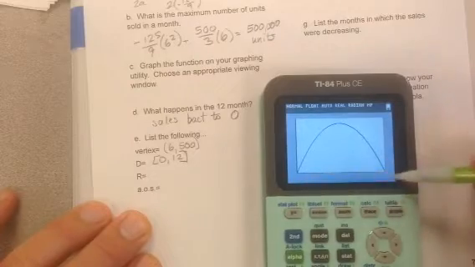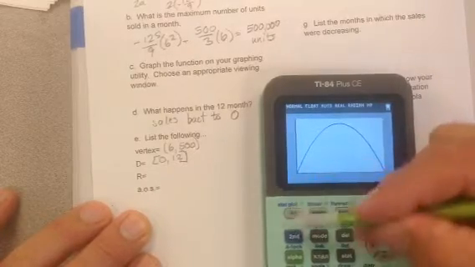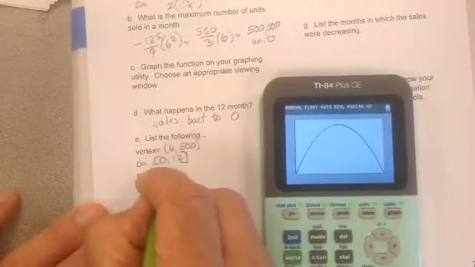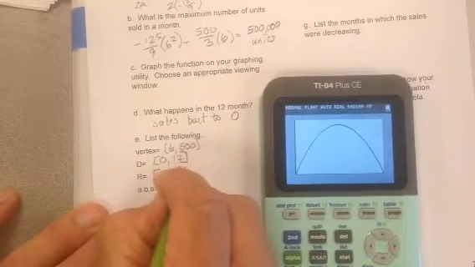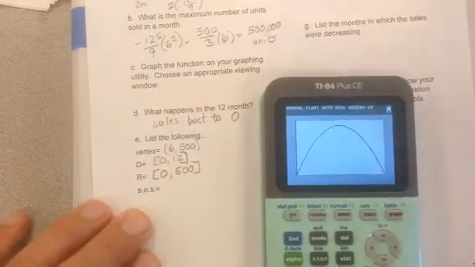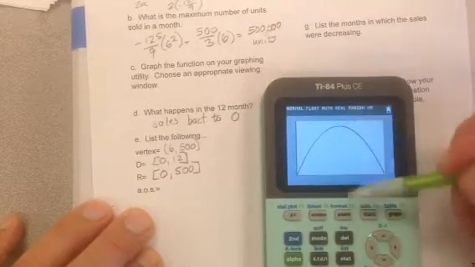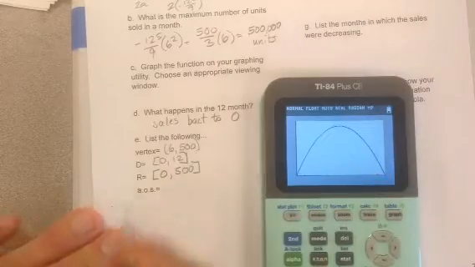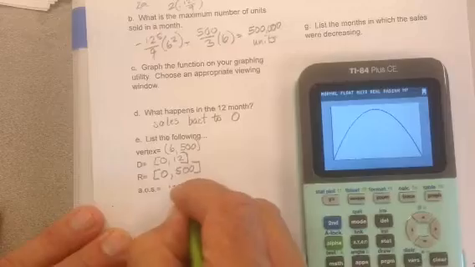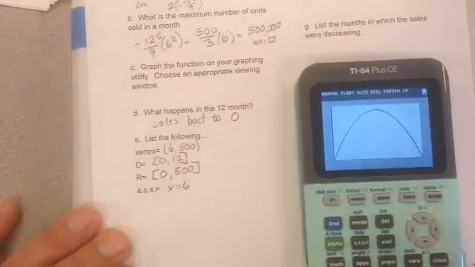Range, lowest sales are 0. I'm not going to go below 0 sales. Highest sales, I could put 0 to 500,000, but I'm going to leave it 500. And the axis of symmetry is what cuts it right down in half, which would be at x equals 6.